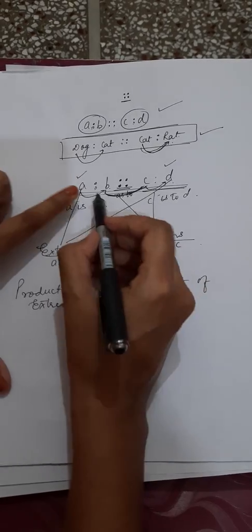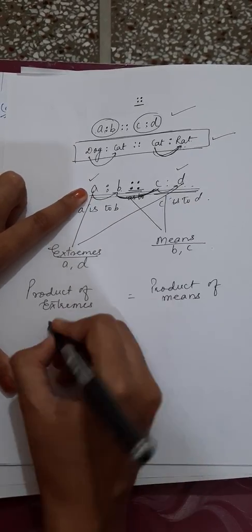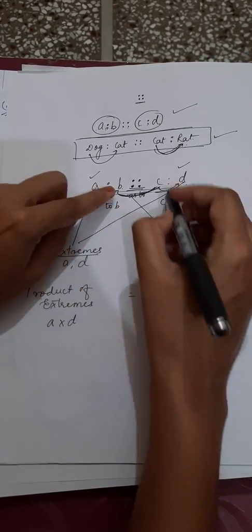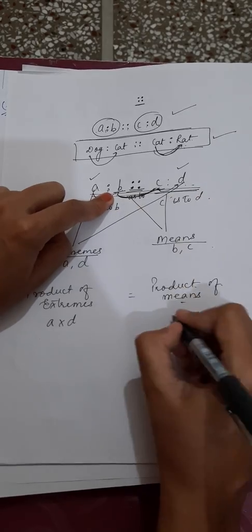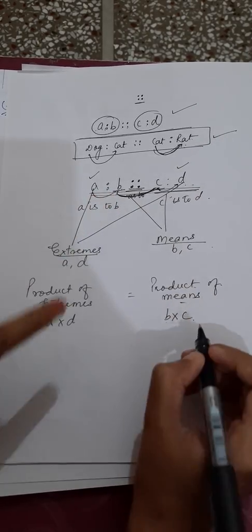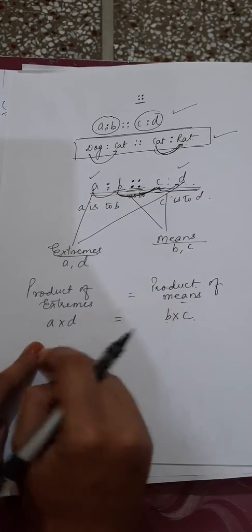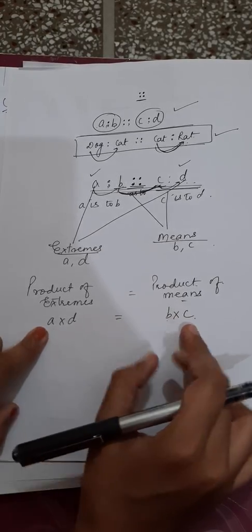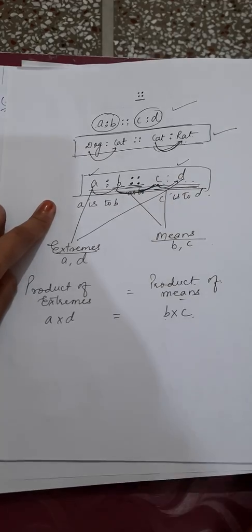That means extremes are what numbers? A and D. A and D I am going to multiply together. Product of means, what are the numbers in the means? B and C. I am going to multiply B and C. If the values of these two products come out to be equal, then I can say that this complete is in proportion.